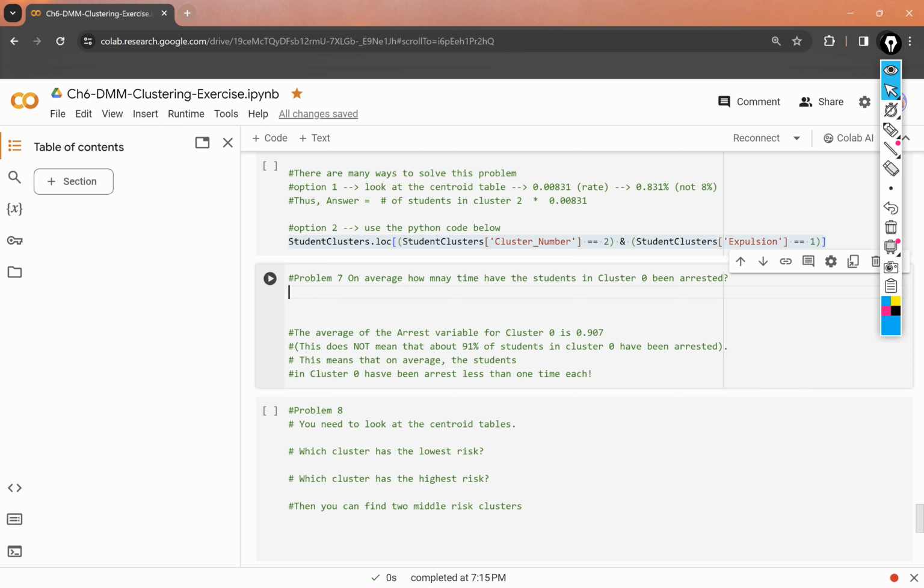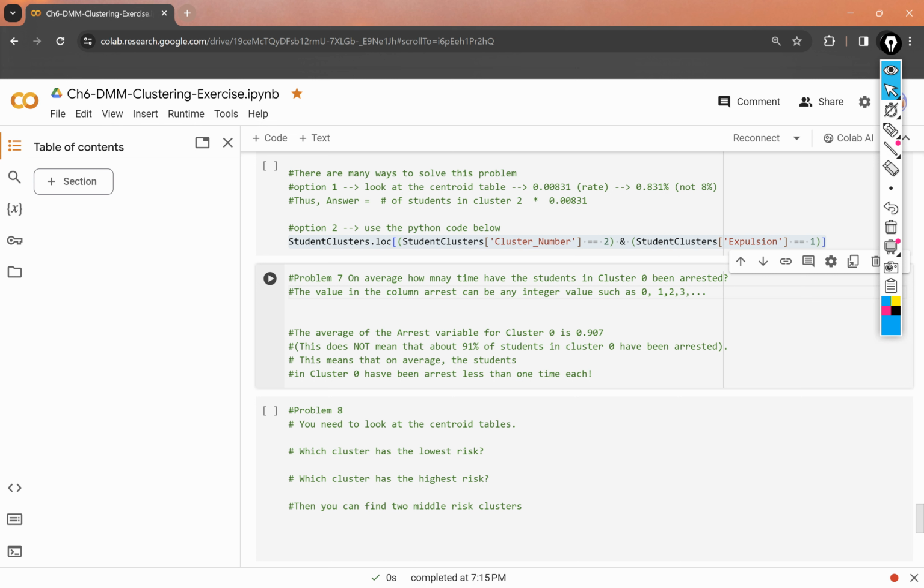The value in the arrest column can be any integer value, not just 0 or 1, because it indicates the number of arrests, such as 0, 1, 2, 3, and so on. Okay, then as you can see, the average value is what?